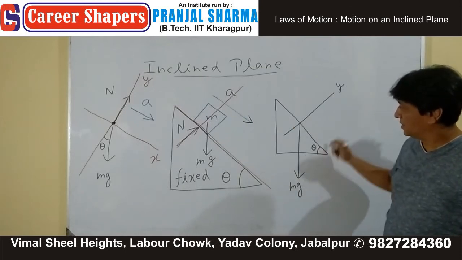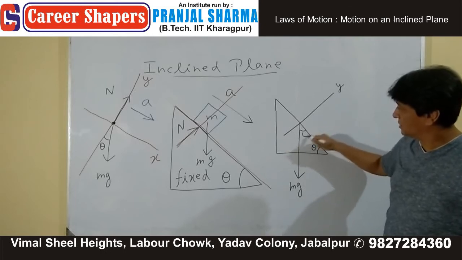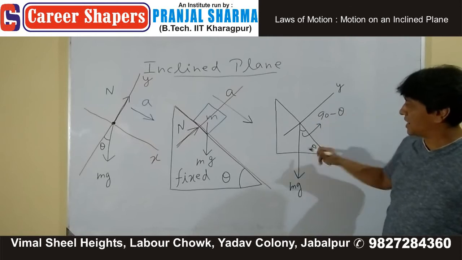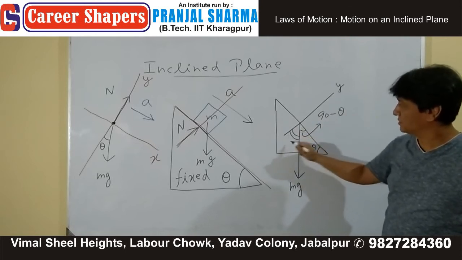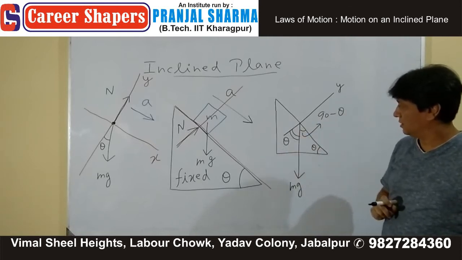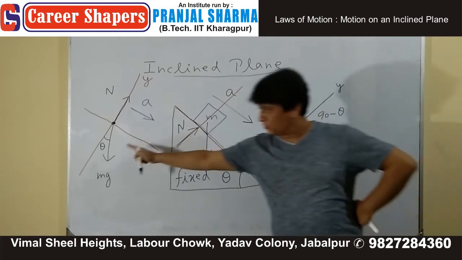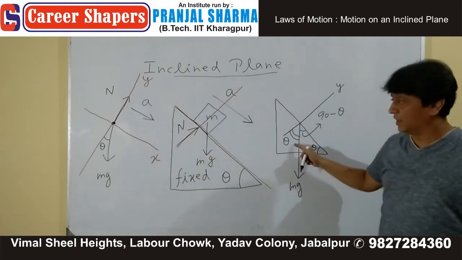This is theta. What is this? This is 90 minus theta. If this is 90 minus theta, then what is this? Theta. Simple geometry. आएगा समझ में. Theta. Theta.